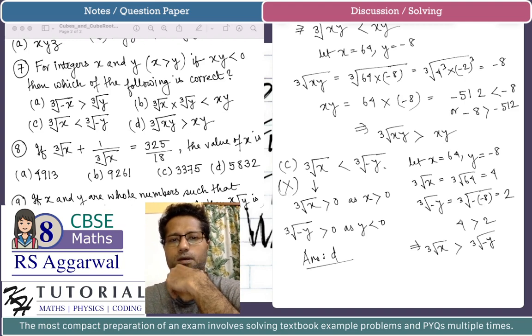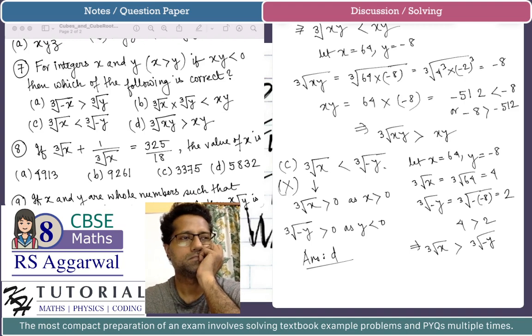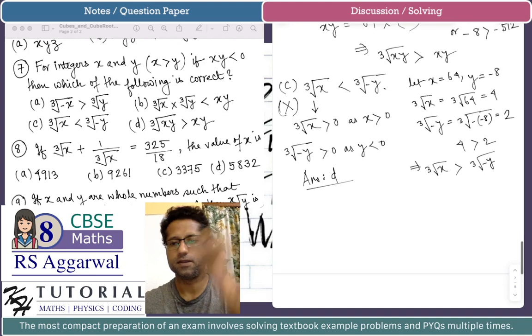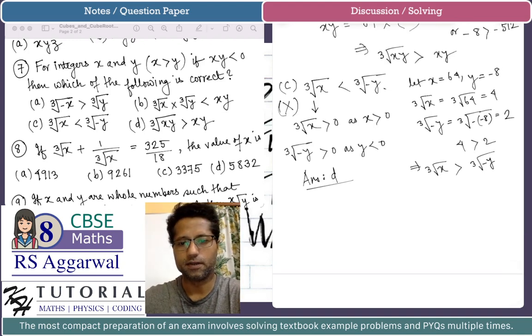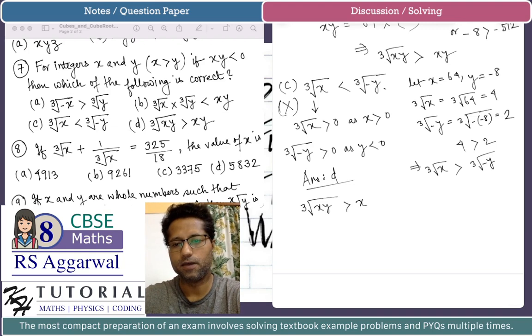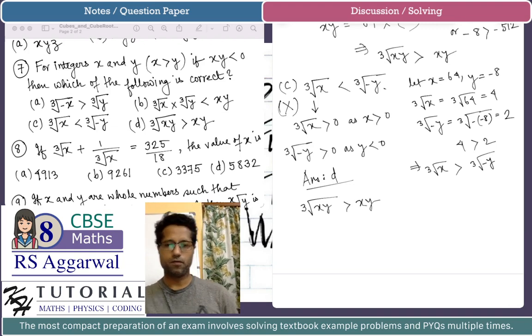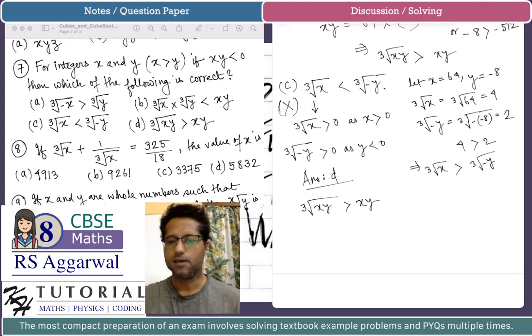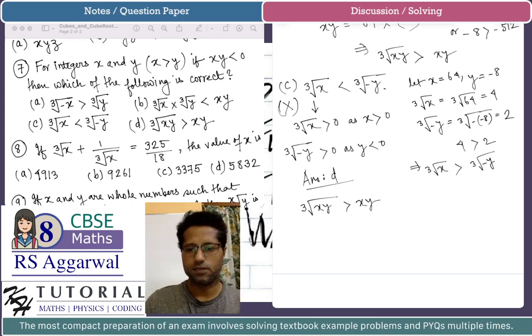From the very fact that xy is less than 0, how can we say that cube root of xy is greater than xy?